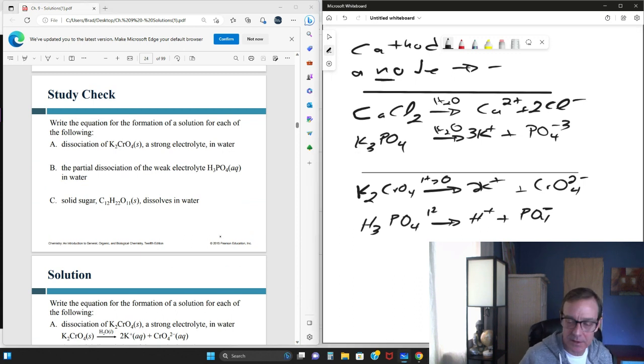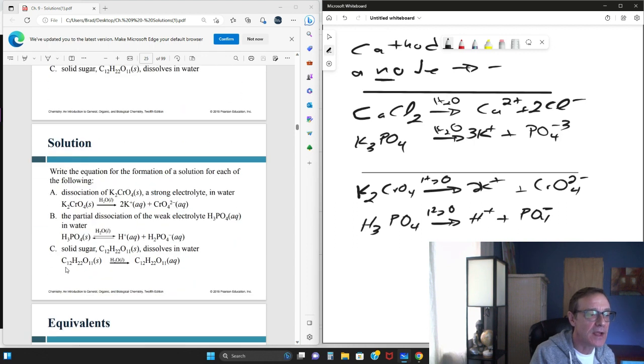And then certainly, last but not least, we have solid sugar, sucrose, table sugar, dissolving. It is a nonpolar molecule. It's just going to stay sugar. It's going to stay as sucrose, C12H22O11, and doesn't go through any changes in water.